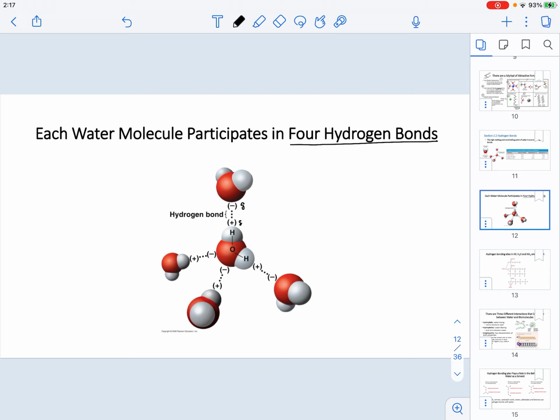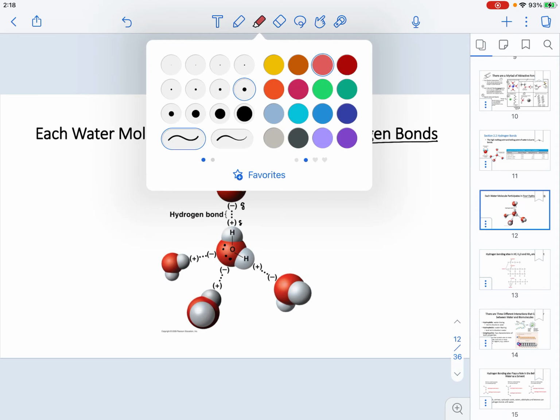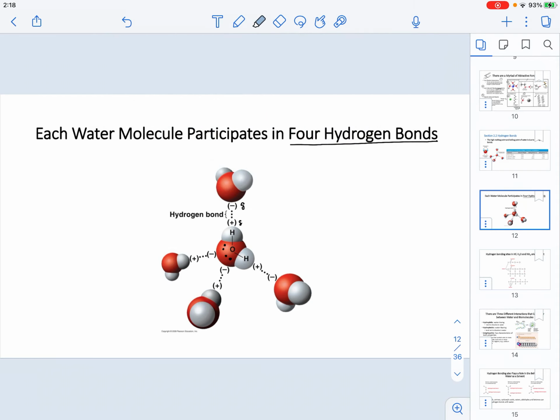When we look at one water molecule, understand that oxygen, even though I haven't illustrated it before, is going to have 2 lone pairs, because that is the correct Lewis dot structure for it. So when we have the interaction of water molecules with other water molecules surrounding it, the 4 hydrogen bonds present between those molecules come from a hydrogen atom, I'm just going to highlight them, a hydrogen atom interacting with the oxygen of a neighboring molecule.